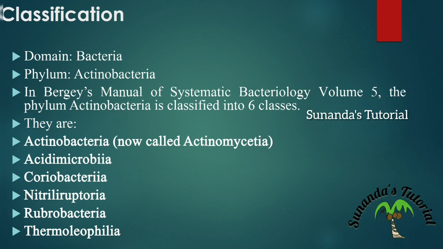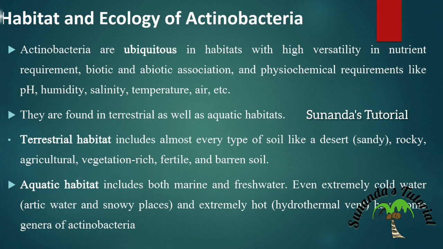Then Acidimicrobiia, then Coriobacteriia, then Nitriliruptoria, then Rubrobacteria, then Thermoleophilia. So these are the 6 classes included under the Actinobacteria phylum.